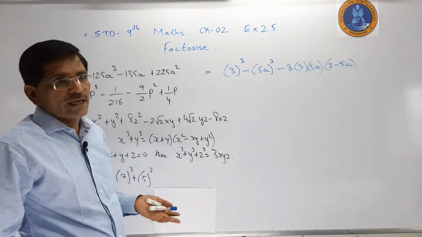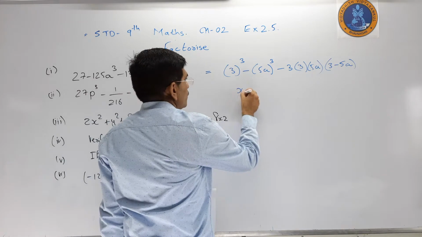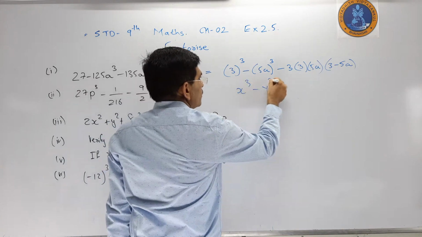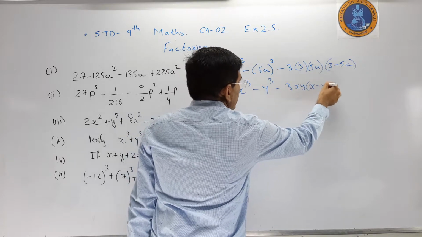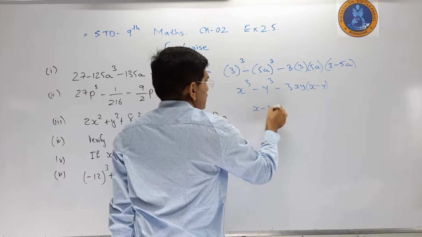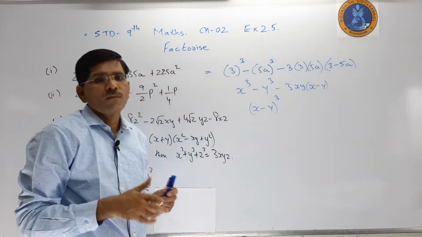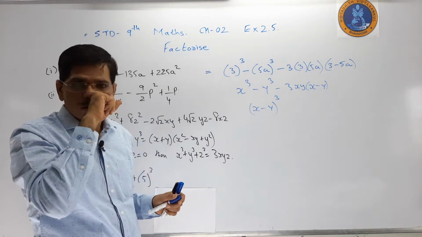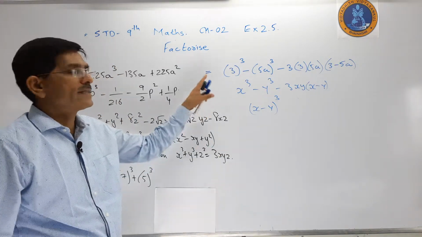Then what is my answer? We already know the identity: x cube minus y cube minus 3xy, x minus y. If it is in this form, we can write x minus y whole to cube. Here what is x?